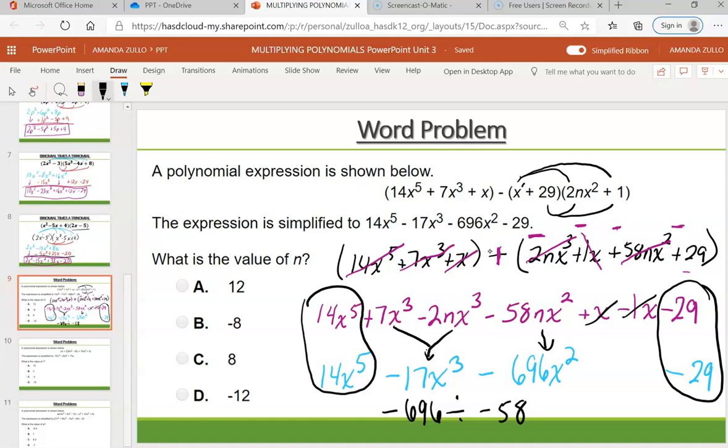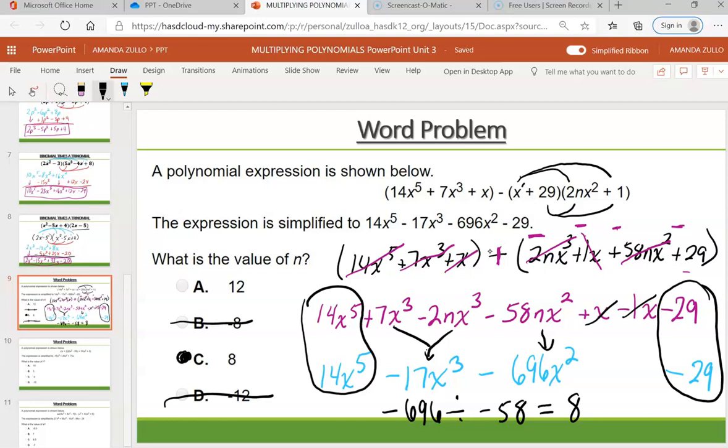Now, your answer as to what n will be is your quotient. So if you were to put that in your calculator, a negative divided by a negative is going to be a positive answer. So cross those two off. And if you were to throw that in your calculator, you're going to get your answer to be positive 8. So 8 is your answer.